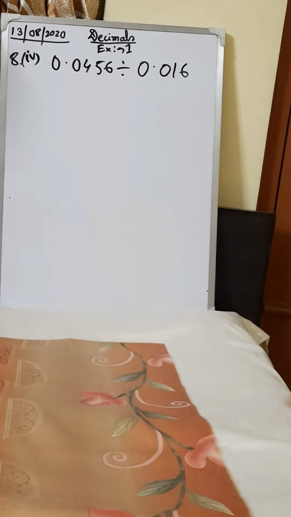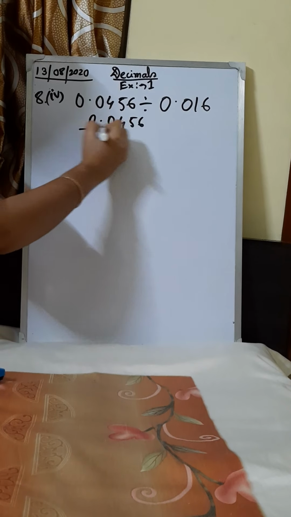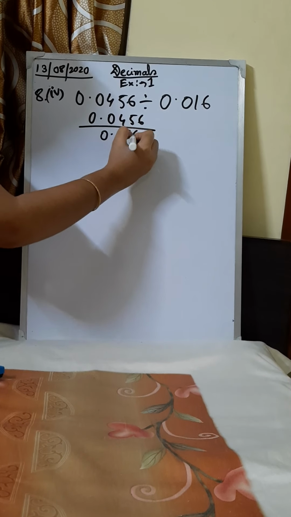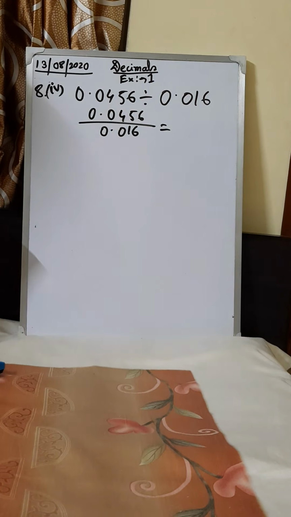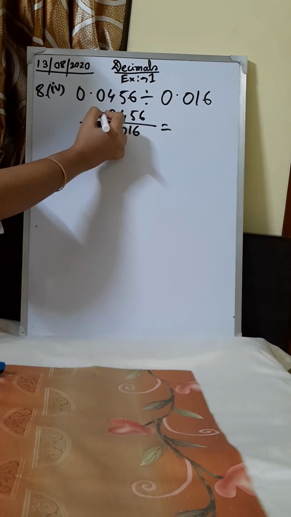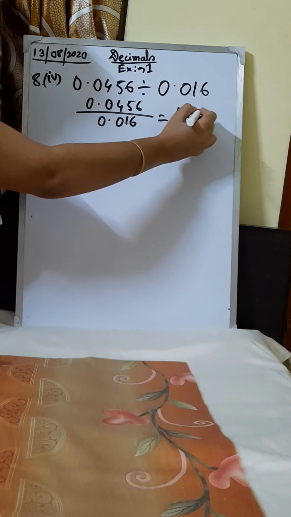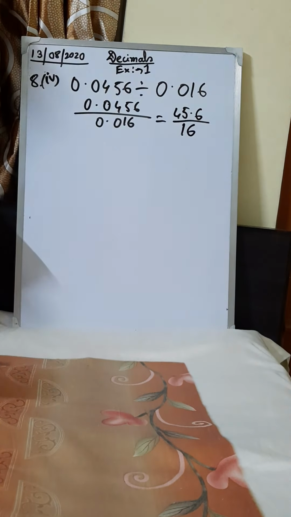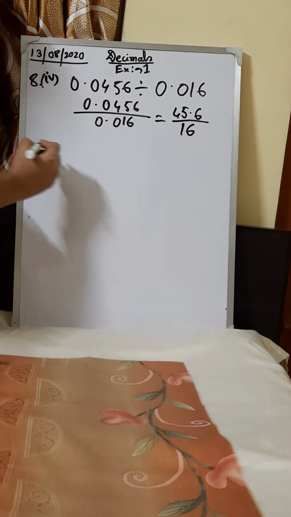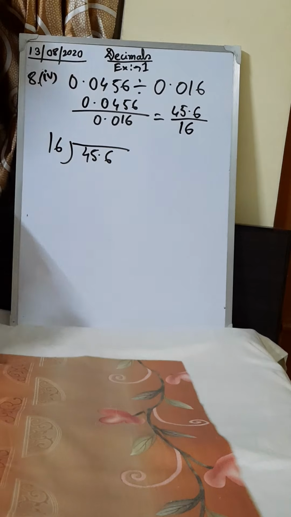What I told you is that first you have to convert the denominator into a natural number. So how many digits are there? 1, 2, 3. So we move the decimal point 3 places, and it becomes 45.6 divided by 16. Now you simply divide 45.6 by 16.